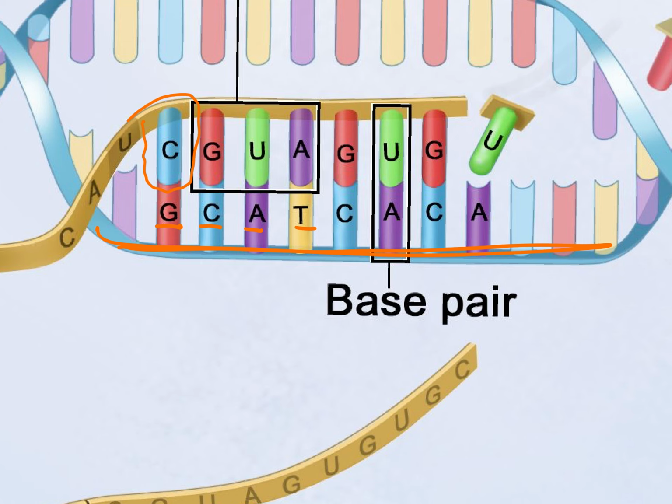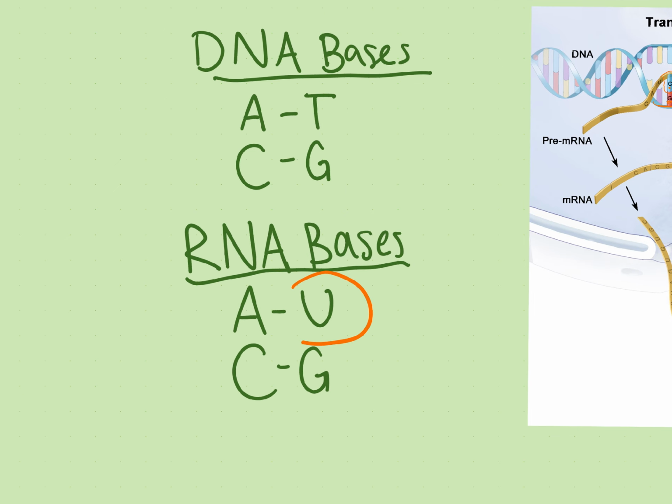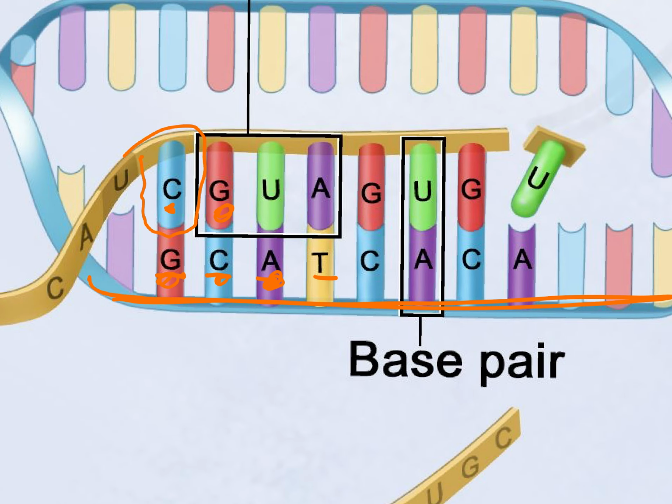So you guys remember from before, G goes with C, C goes with G, A usually goes with T, but RNA doesn't have T as one of its bases. It uses U instead. Everything else is the same, but RNA has U instead of T, no T on RNA. So when there's an A base on the DNA, the RNA puts a U there instead.